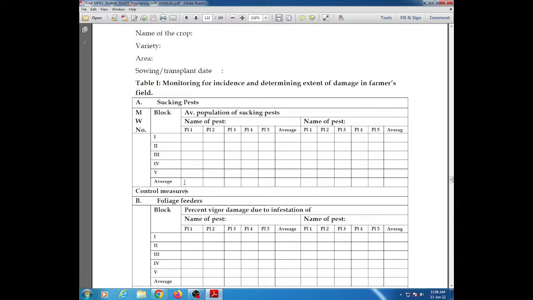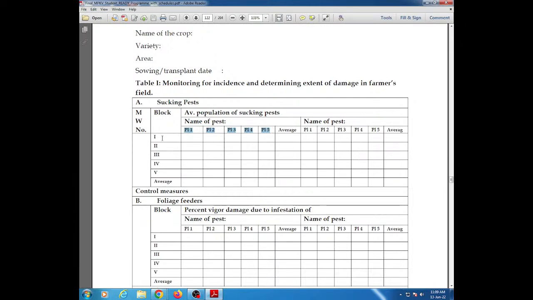Now at the last, for each plant number 1 of each block you have to sum it up and write down the average. You have to write the average in the cells in front of the average row at the last. In the first block you have taken observations of plant number 1, 2, 3, 4, 5.